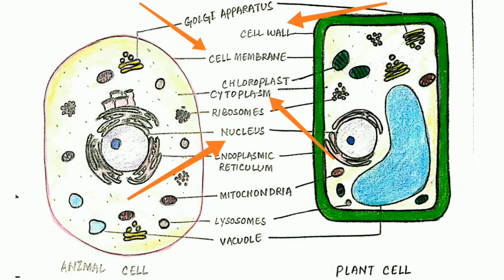There are certain cell organelles like the Golgi apparatus, the chloroplast, ribosomes, endoplasmic reticulum, mitochondria, lysosomes, and vacuoles, which are present in all the cells. We'll be discussing the cell wall, cell membrane, cytoplasm, and nucleus. The cell organelles will be studied later in higher classes.